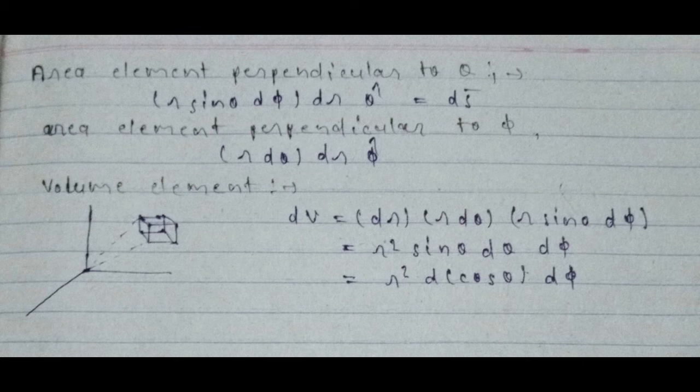To understand this figure, you have to imagine a bit or look at a corner of the room and see how you can think of that as the origin and how you can think of theta, phi and r direction. Right. So this is the three line elements, area elements and volume elements in spherical coordinates.